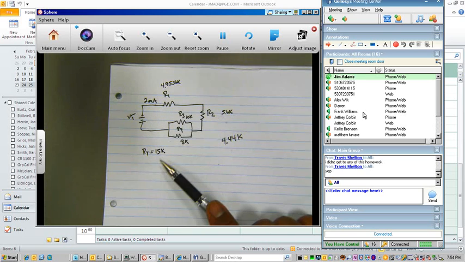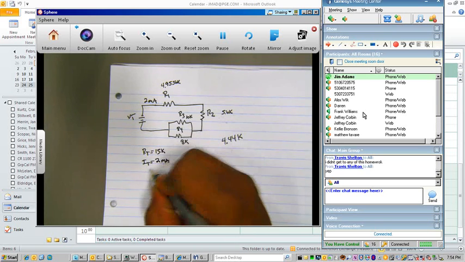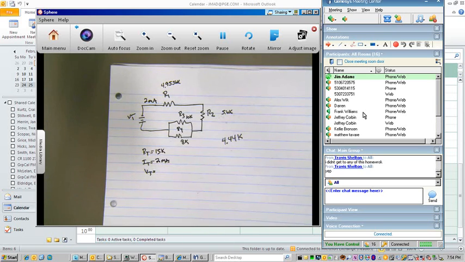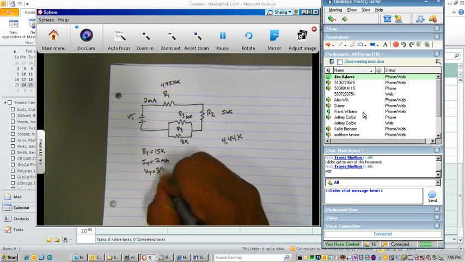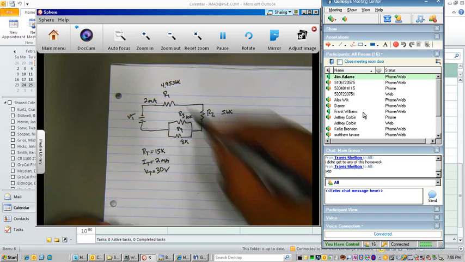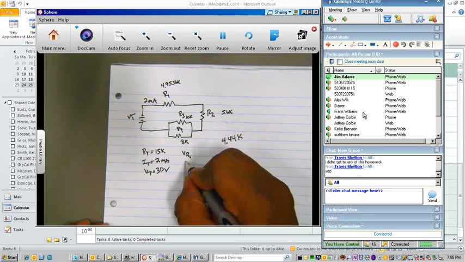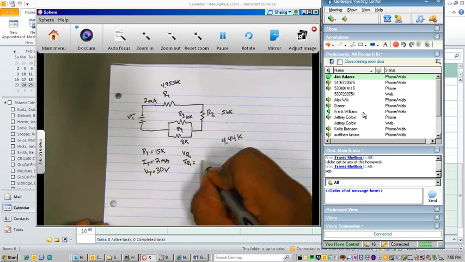10K and 8K. 4.44K, something like that. Yeah, 4.44K. Okay, so then we can just add that to R2, right? Yep. And to R1.